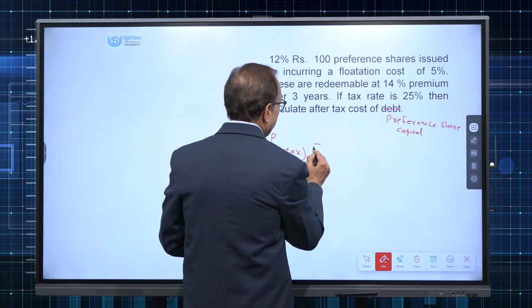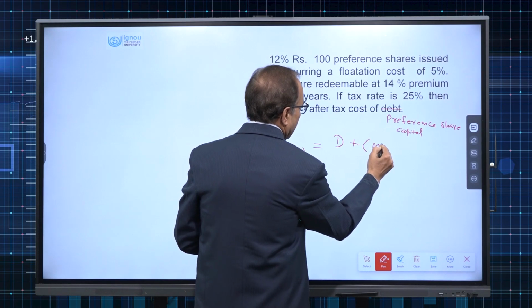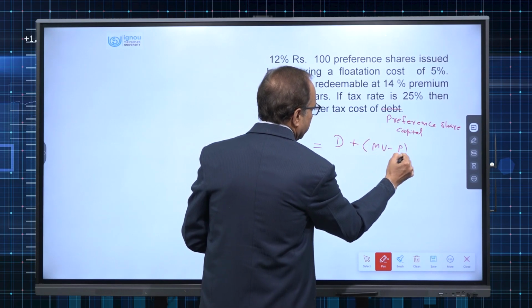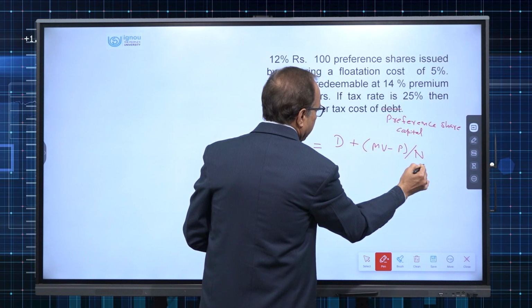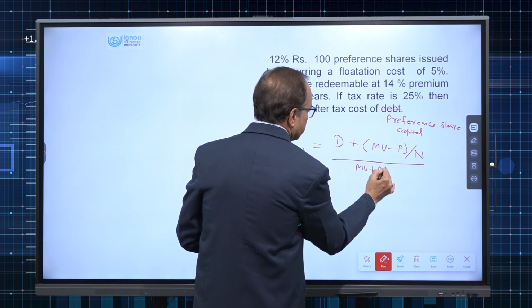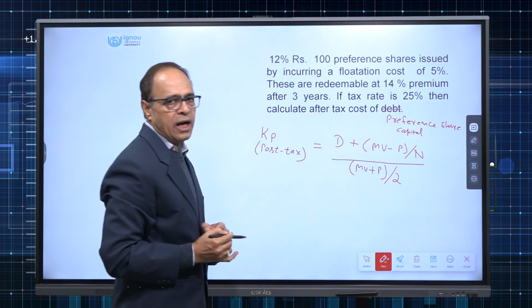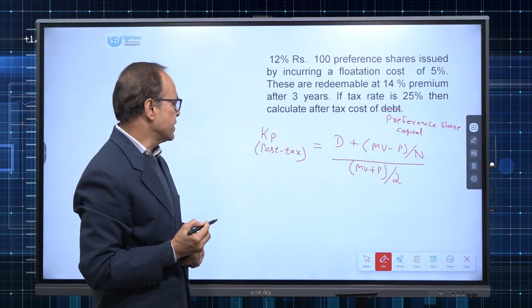So, we have D plus (MV minus P) divided by N, divided by (MV plus P) divided by 2. So, this will give me after tax cost of preference.